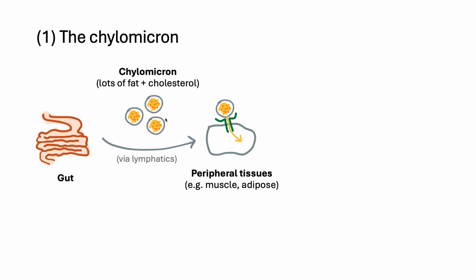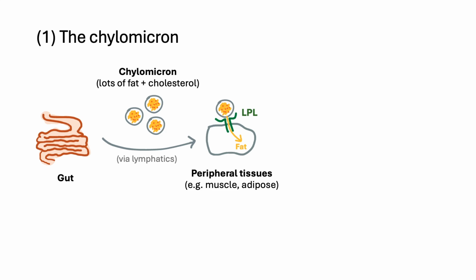Now, when this chylomicron gets to those tissue cells, it docks on this little green thing. This green thing is called LPL, which stands for lipoprotein lipase. And this will take the lipoprotein and suck the fat out of it. Just the fat, just the triglycerides, and not the cholesterol.